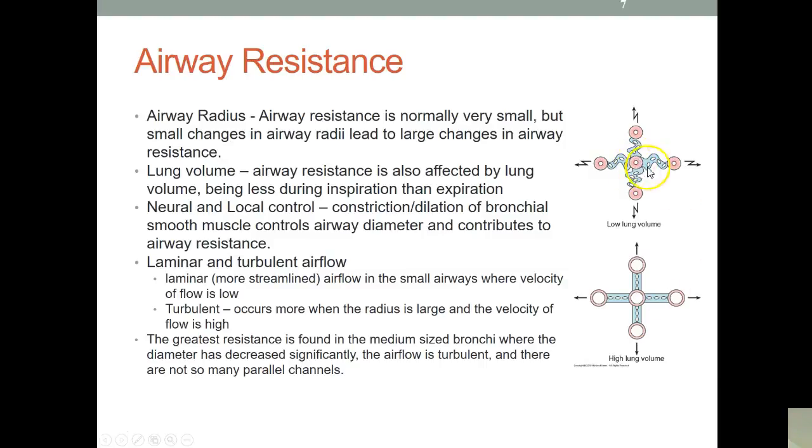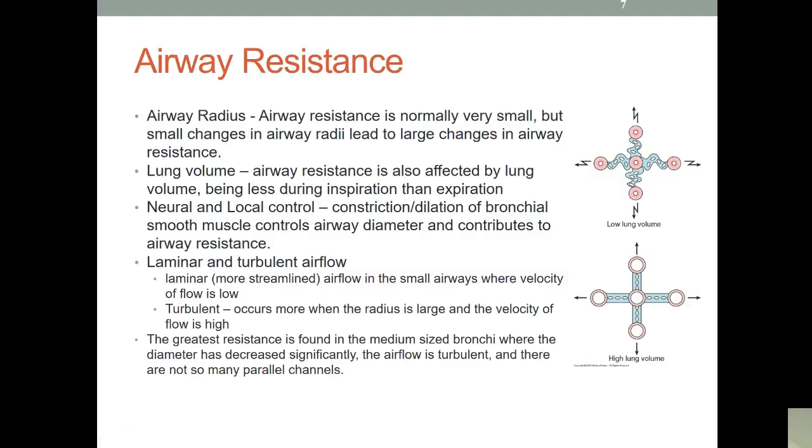With lower lung volumes, with expiration, those airways collapse, and that reduces the diameter.